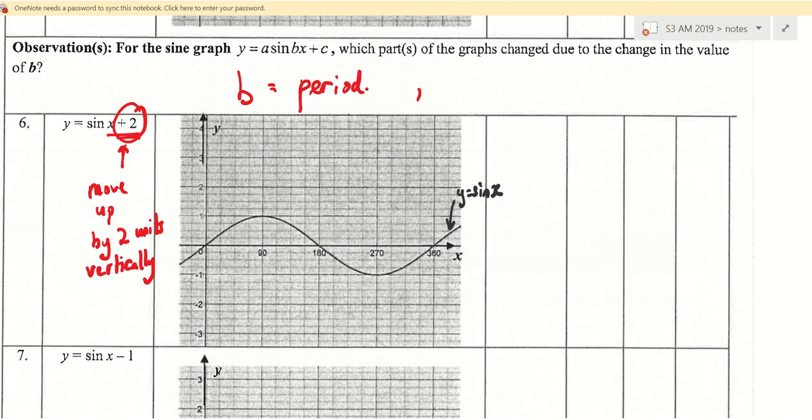Okay, so it looks like that. So very easy, it just looks like that. You just move it up. The 2 which is outside the sine entirely, the graph actually moves up.